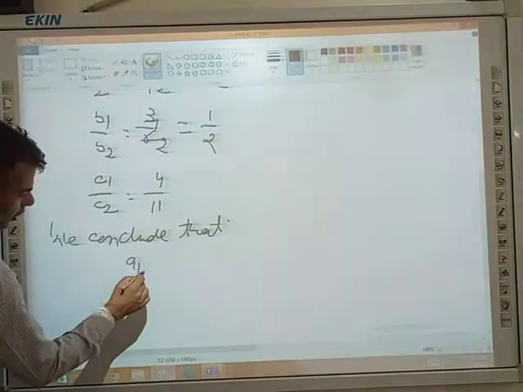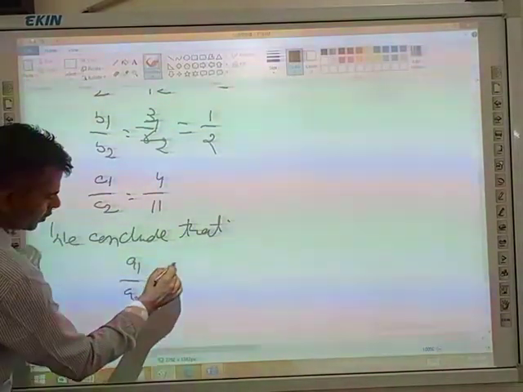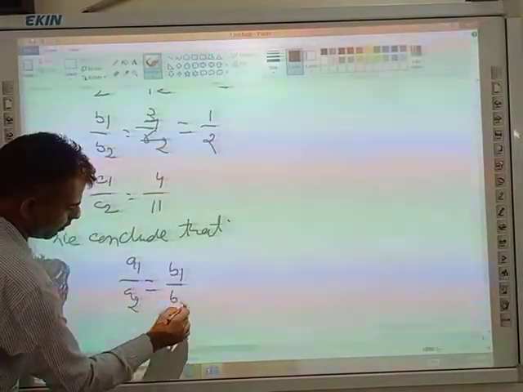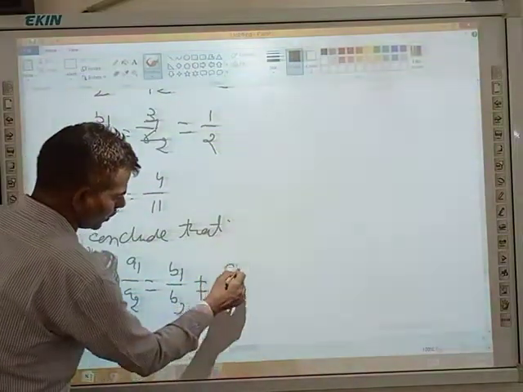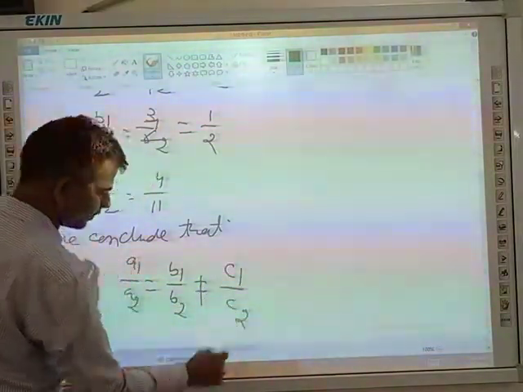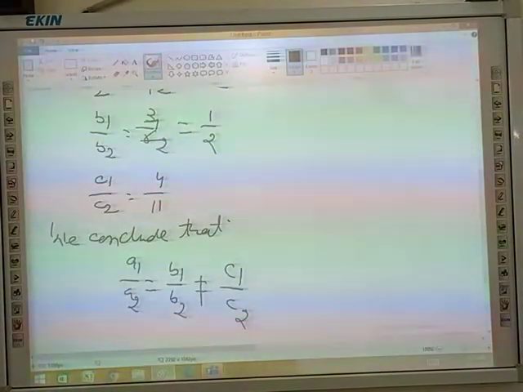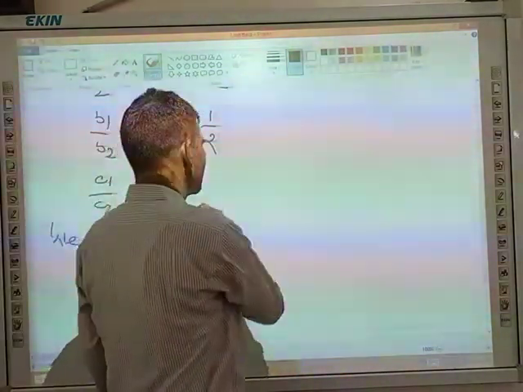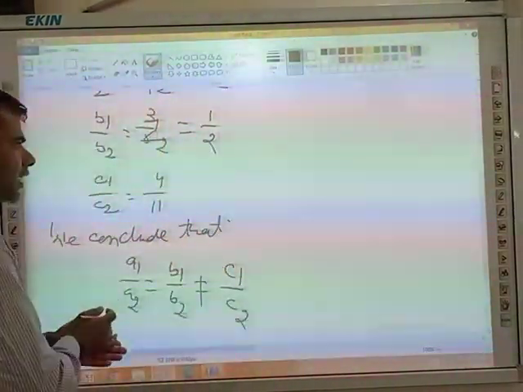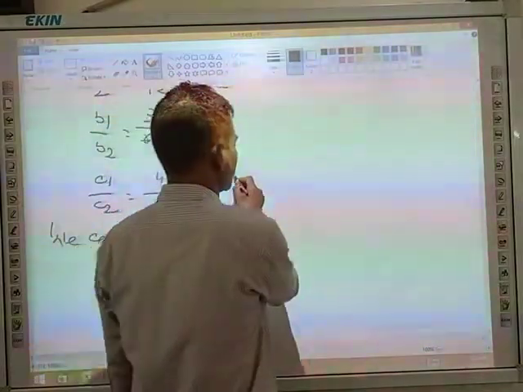Student, we conclude that A1 by A2 is equal to B1 by B2, but not equal to C1 by C2. Student, first two ratios are equal, but third one is not equal. If you obtain such a condition, the graph will be such as this.